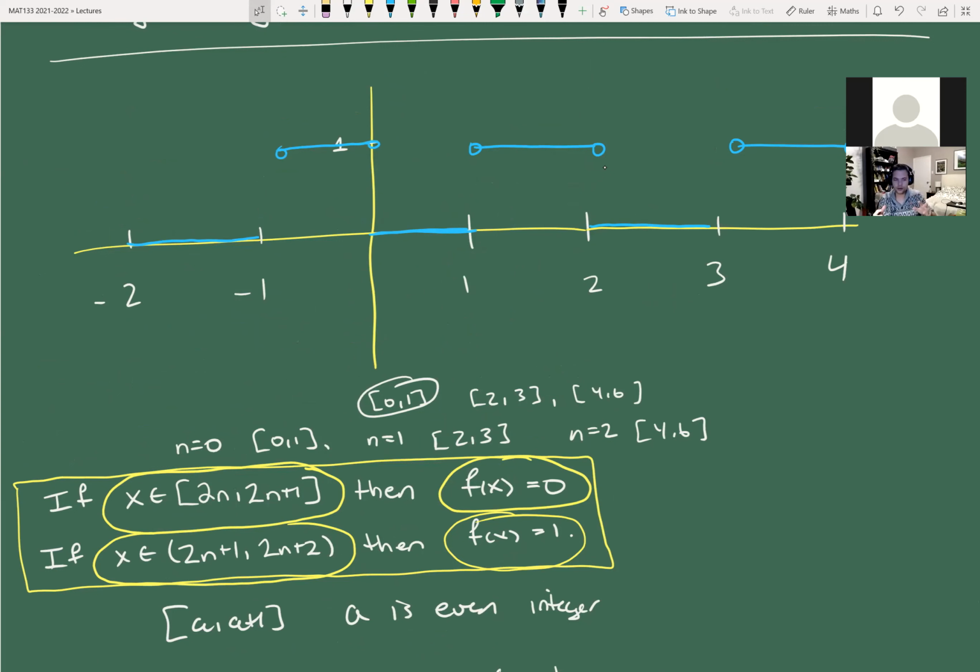And I think that's what you mean by two different y values. Yeah, exactly. So that's what I'm doing. The function seems to have fundamentally different behavior depending on what sort of interval I'm in. So I'm going to say, if you're in this interval, your function behaves like this. And if you're in this interval, your function behaves like that. And you just do that as many times as you have to. Okay, cool.